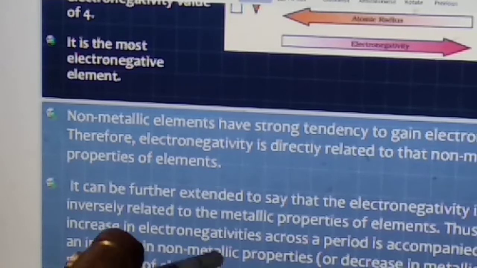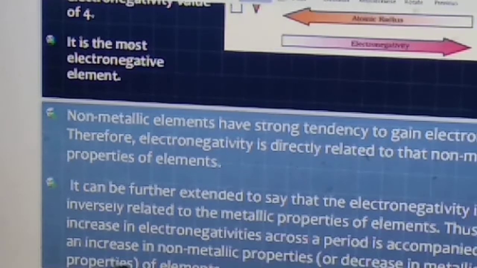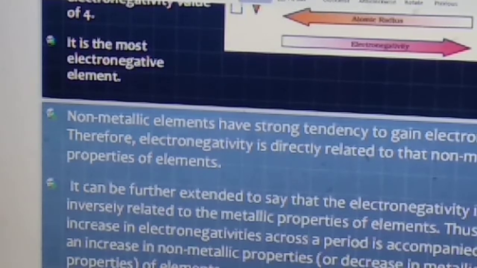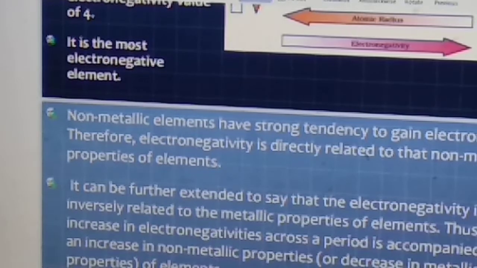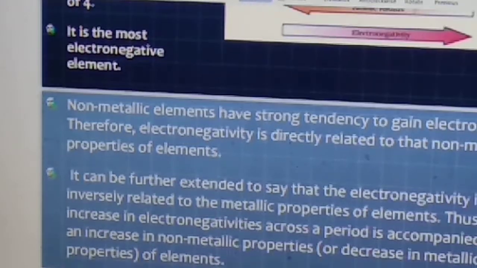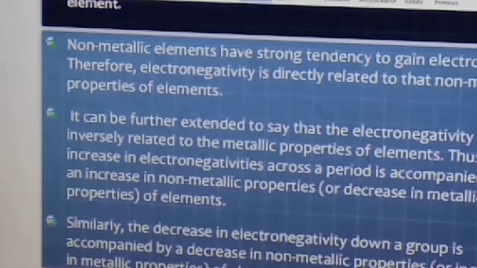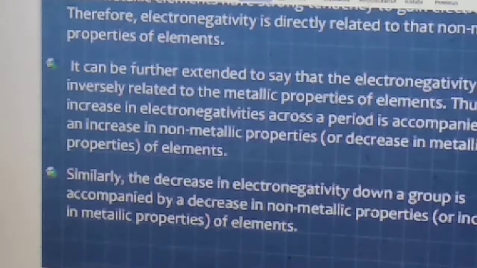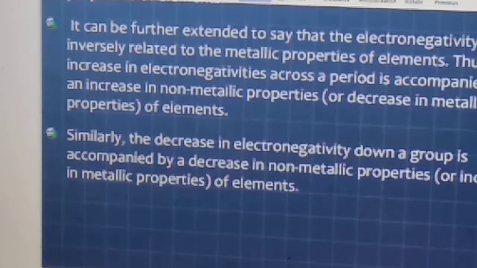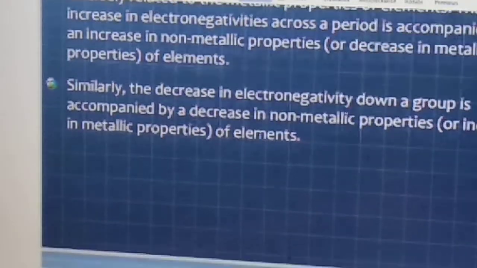Thus, the increase in electronegativity across a period is accompanied by an increase in non-metallic properties. If electronegativity increases, it means non-metallic character increases. If electronegativity decreases and electropositivity increases, then metallic character, my dear children, will increase. The decrease in electronegativity down a group means a decrease in non-metallic properties.